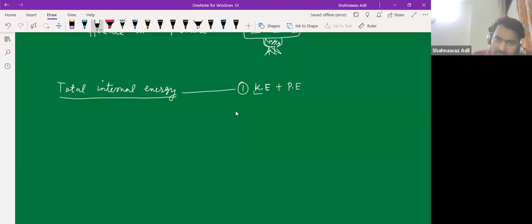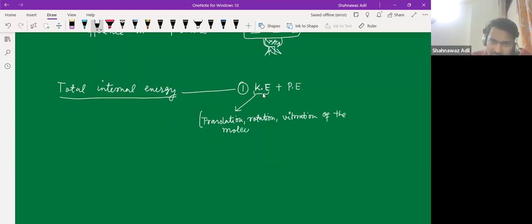This kinetic energy comes from the motion of the particles inside the matter, from the translation, rotation, or vibration of the molecules. So this comes from the motion of the molecules of the matter.